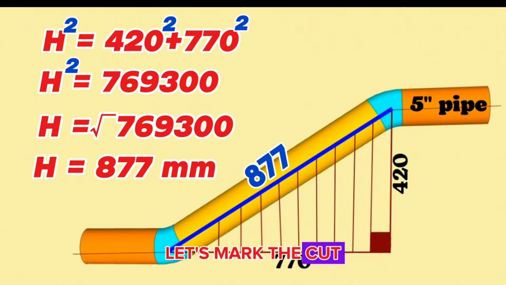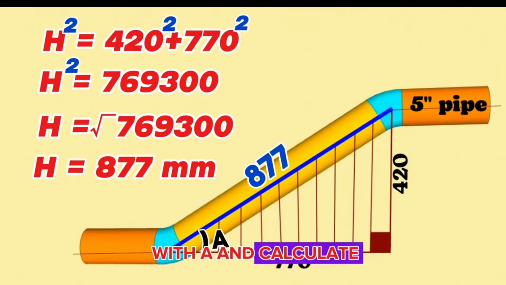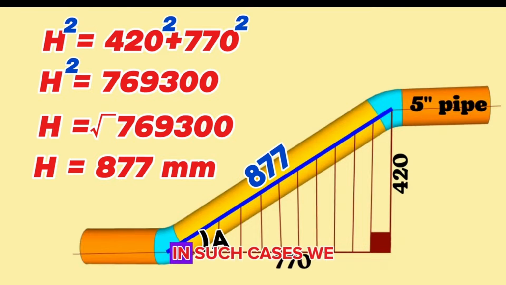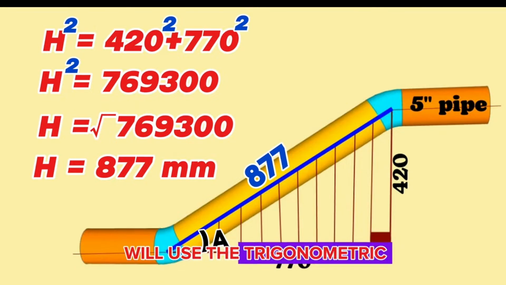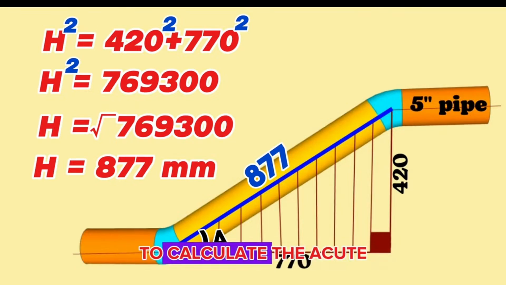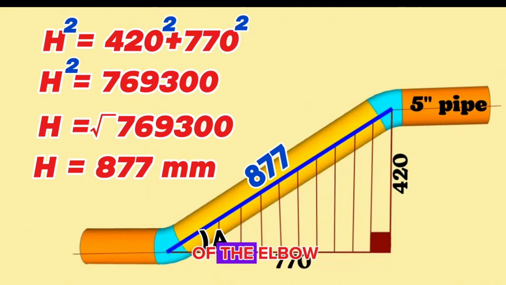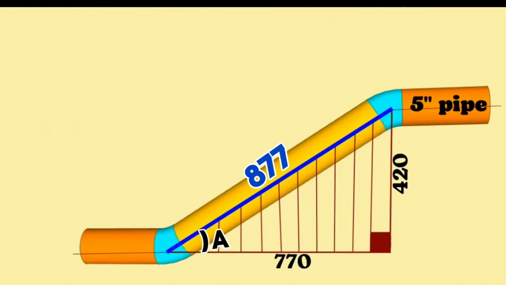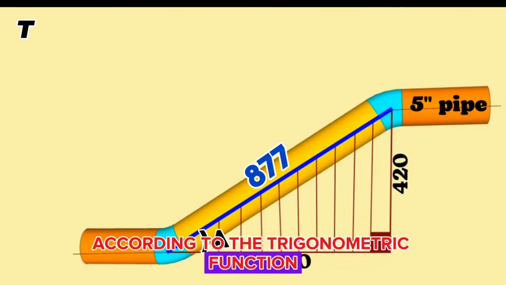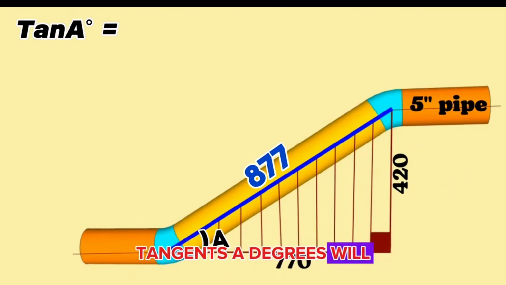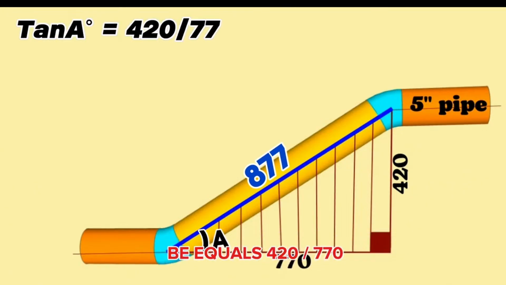Now let's mark the cut angle of the elbow with A and calculate this angle. In such cases, we will use the trigonometric function formula to calculate the acute angle of this right triangle, or the intercept angle of the elbow. According to the trigonometric function, tangent A degrees will be equal to 420 divided by 770.